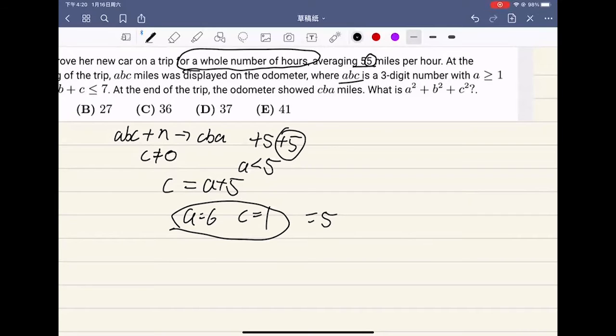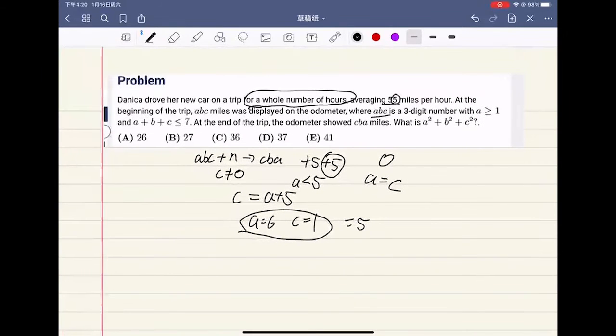It can be 10, right? It can be 8? We are adding 5 each time, because if we are adding 10, we are adding 0, so a equals c. But couldn't you add twice? Yeah, if you add 2 hours, 2 times 55, you are adding 0 on the last digit.